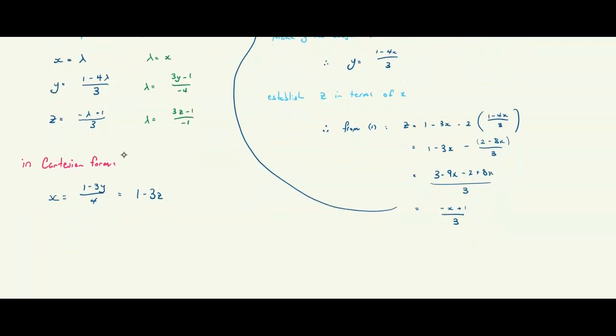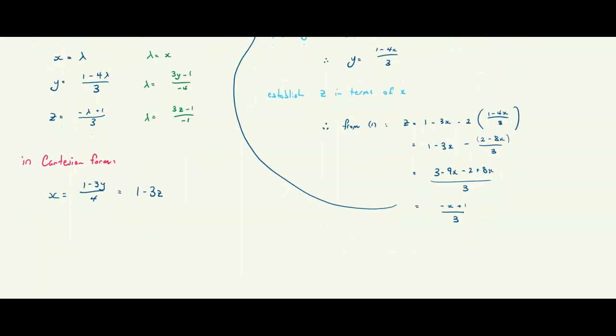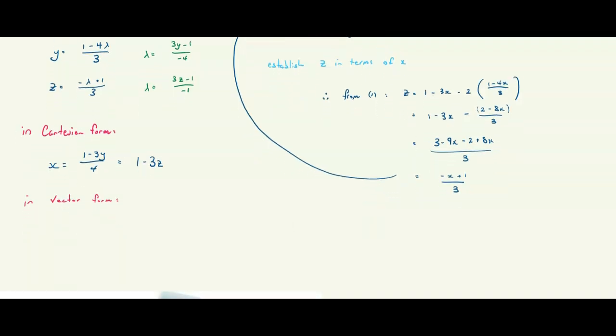Now perhaps we want to write it in vector form. So I want to write the vector equation of this line. In vector form, I need to see what direction it's going in. I need to see a position vector. So I'd rewrite this as x minus 0 over 1 equals, I'd reorganize this. 1 minus 3y over 4 is not much good to me.